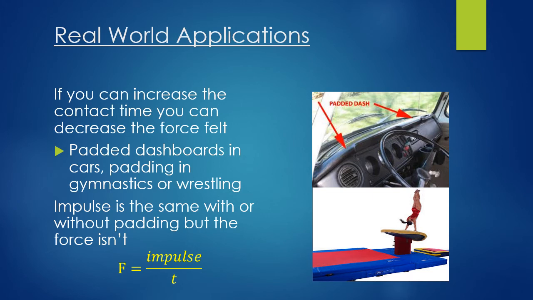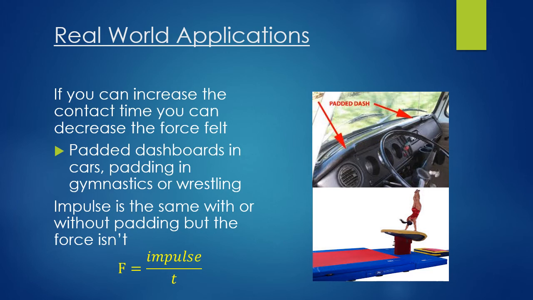So let's look at some real-world applications using this inverse proportionality. We just said if you can increase your contact time, make the time go up, you can decrease the force. And this has been very helpful in the real world. So this is the reason that we have padded dashboards, for instance, in cars.